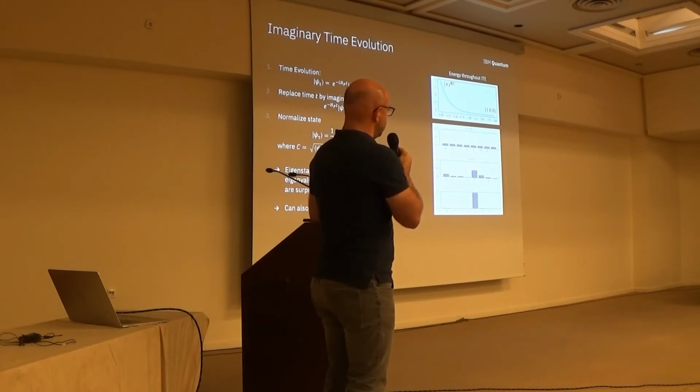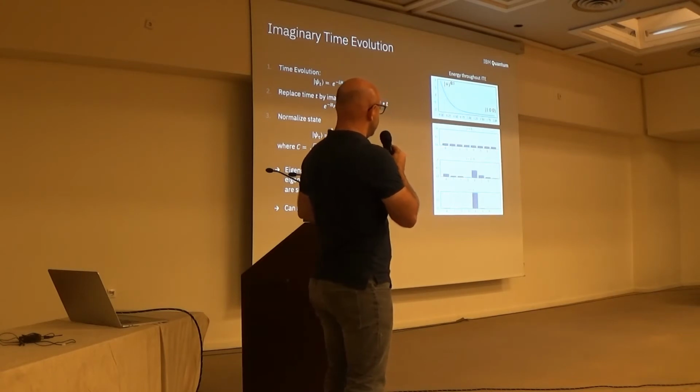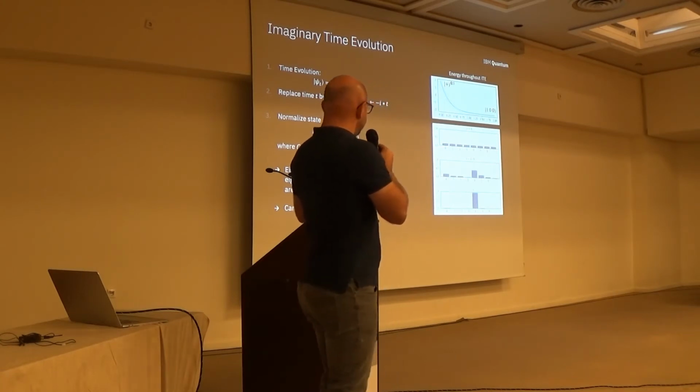The second best also has a larger weight, amplified compared to before. The rest is already suppressed a bit, and then at time 1, the optimal state has a very high probability, almost 1. The second best still has a tiny bit of mass, but the rest is gone. So this is really nice.